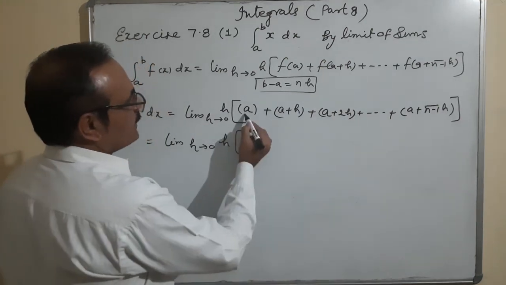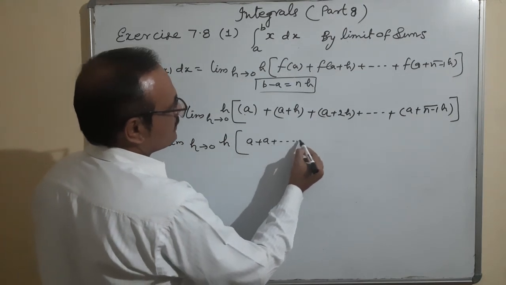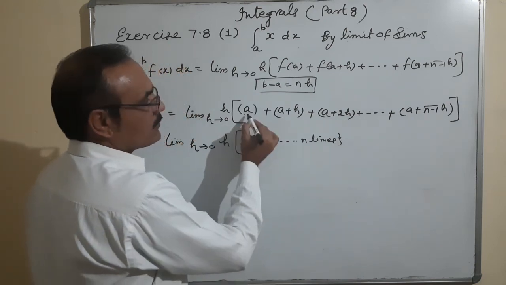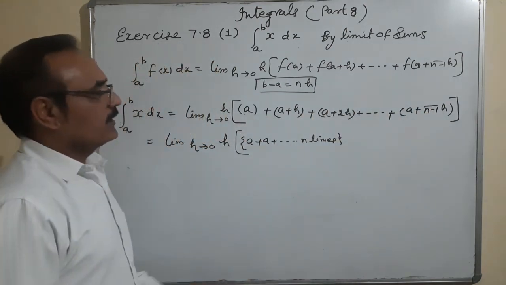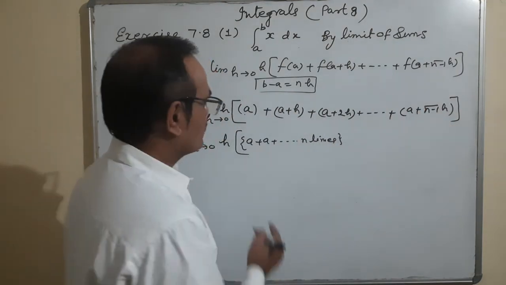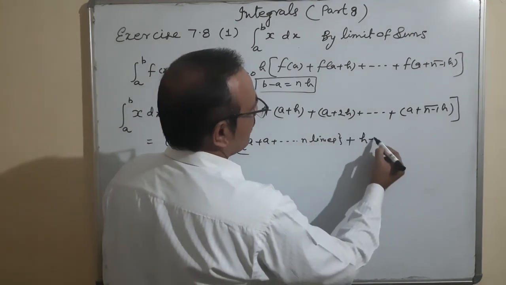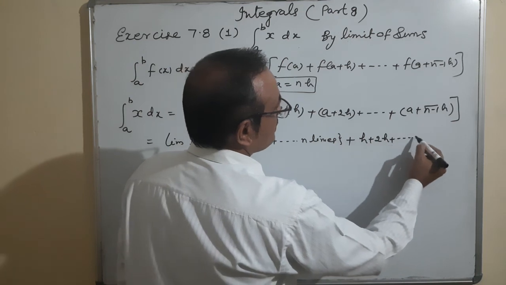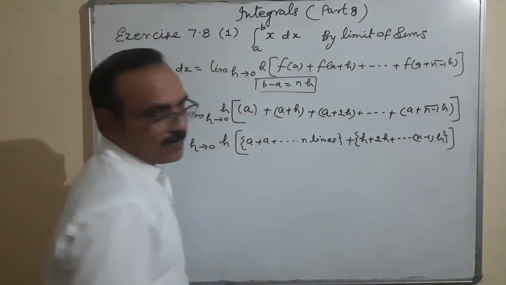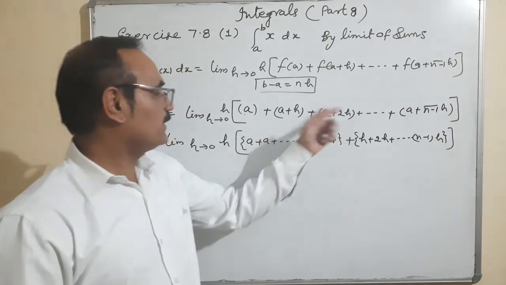First term, it is a plus a plus a plus a plus a, n times. Yes or no? a starts from the first term going up to the n-th term. Here h starts from the second, therefore (n minus 1) into h is here. Terms are n, so n times a, plus h plus 2h plus and so on up to (n minus 1) into h. Okay, what I have done is separate the first term in the first bracket, plus the second term in the second bracket.